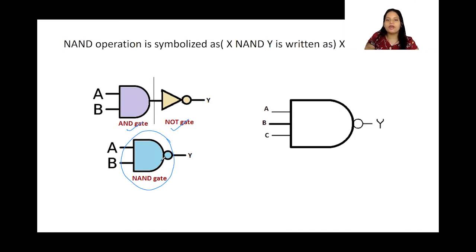If you have to represent a Boolean expression in the form of a diagram, and if there is NAND there, then you need to write this symbol. This is for 2 variables and this is for 3 variables. The output here is going to be ABC whole bar, and here it is going to be AB whole bar. I hope this is clear.